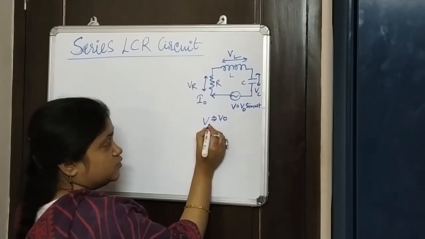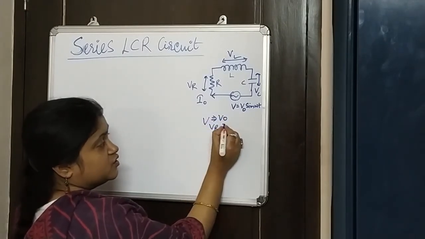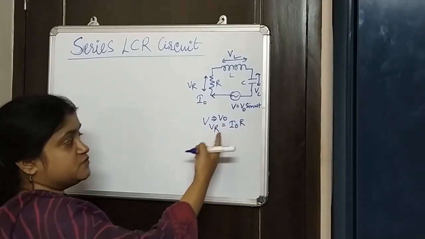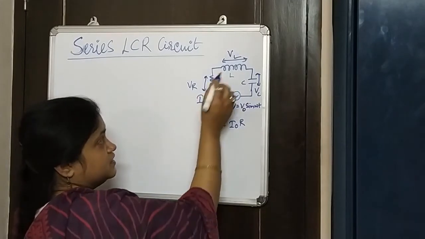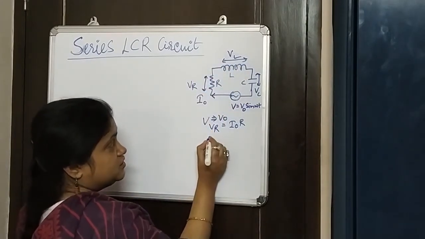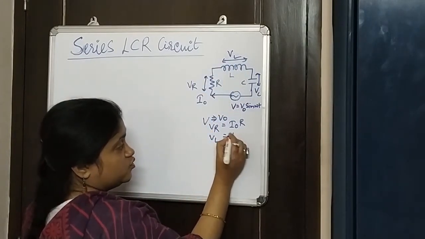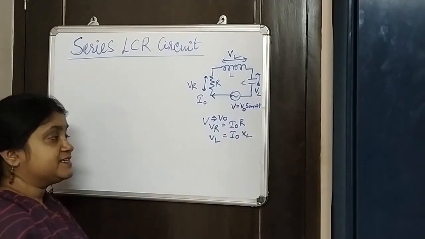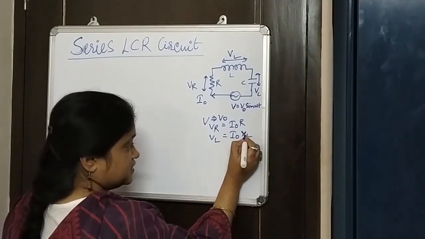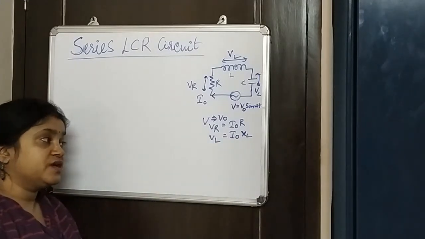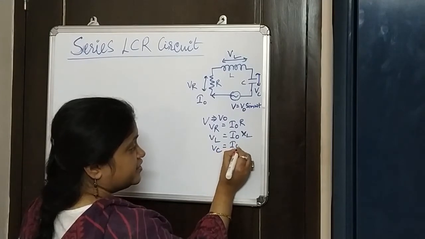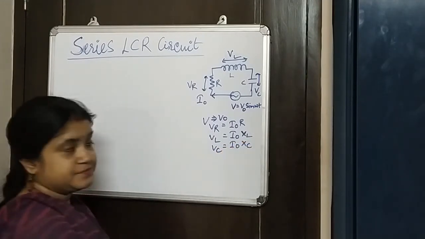The peak value of VR would be I0 into R, as we have already seen, and the voltage VL would be I0 into XL, where XL is the inductive reactance. VC would be I0 into XC.